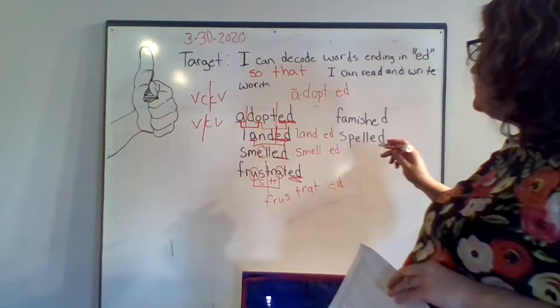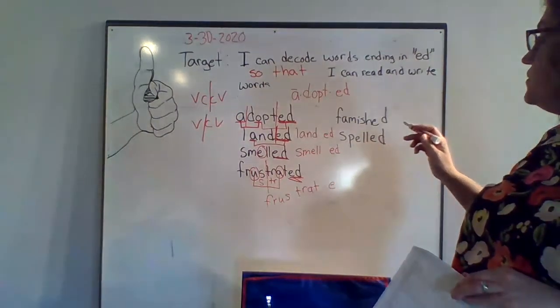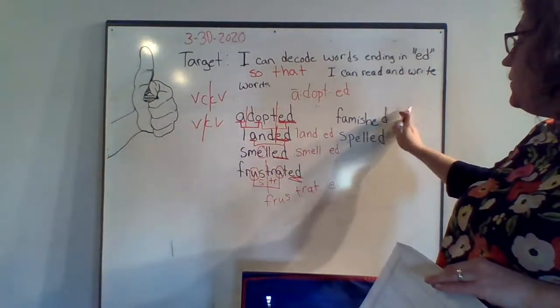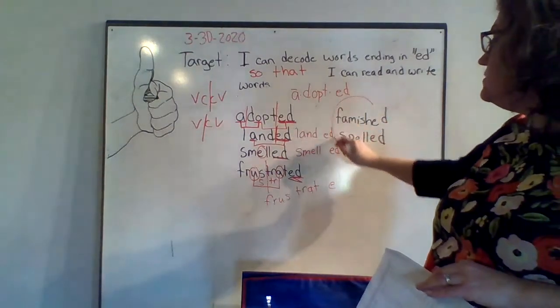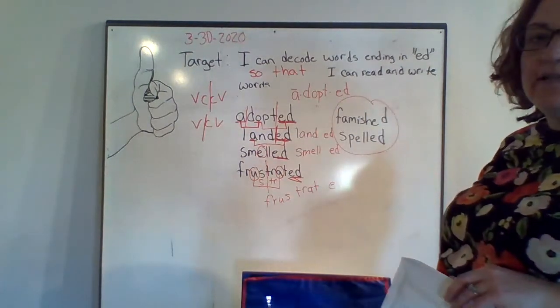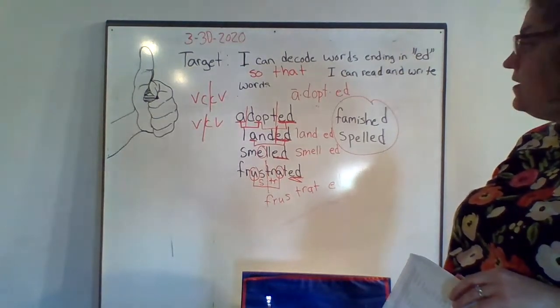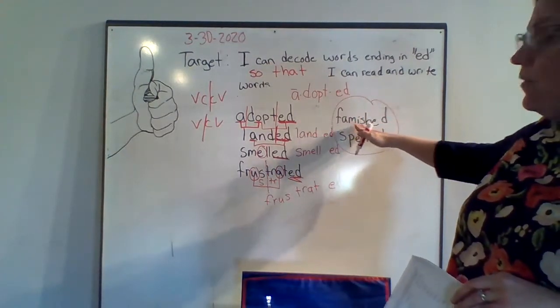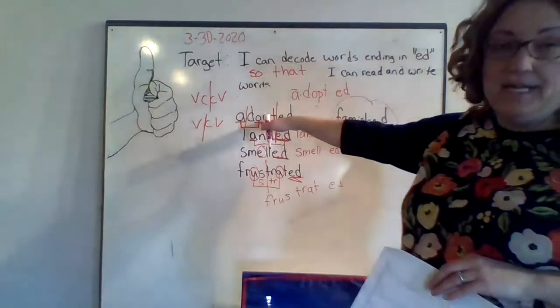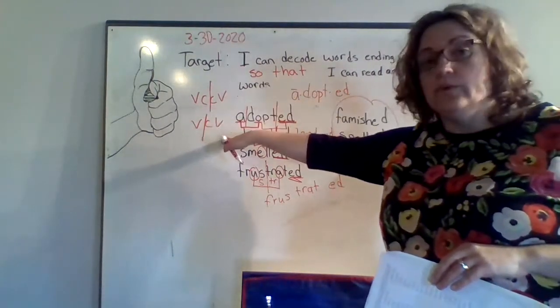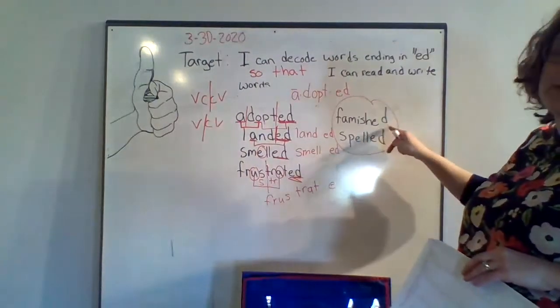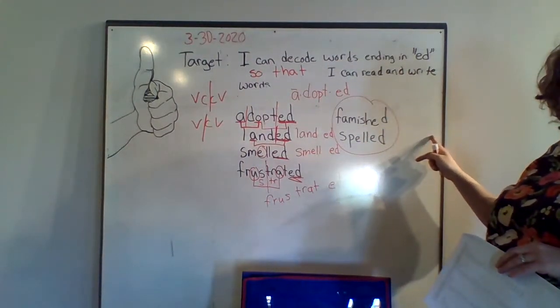Okay? I want you to try to decode these two words on your own and send those to me. The beginning part, the root word, you might have to decode like we did here. And that's when you're going to follow these rules. And then ED is an extra syllable. It's going to be by itself.